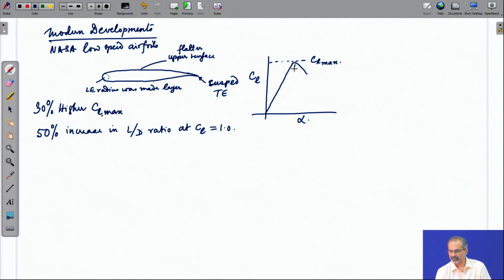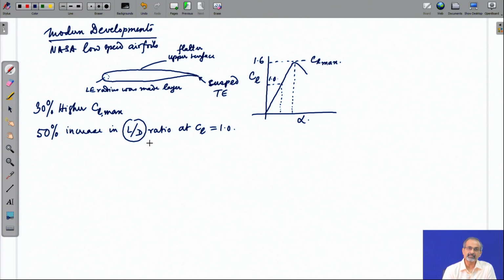So, let us say if the maximum CL that this airfoil is generating is about 1.6 say or 1.5, then a CL value of 1 will be somewhere here. So, at that CL value there is an increase of the L by D ratio by 50%.